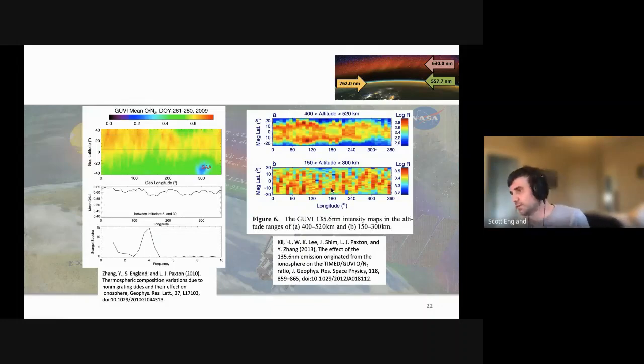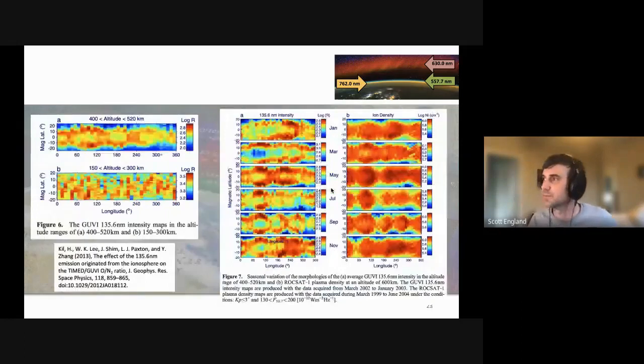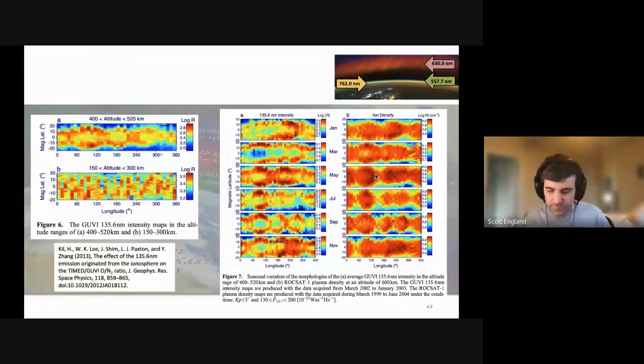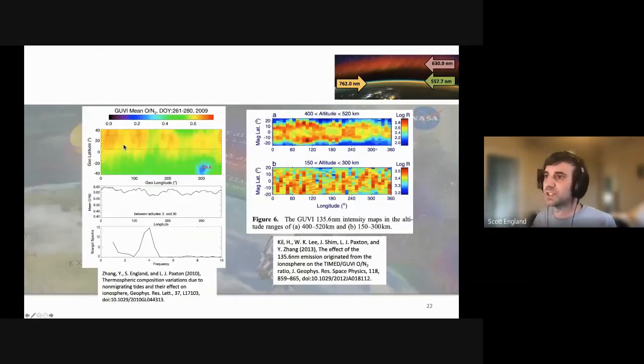And they went further and pretty much showed, hey, it looks very convincingly like in situ measured ion densities at these altitudes. And the conclusion at that time, I think was pretty good, was that this wave-4 pattern we were seeing here isn't really the O to N2 varying. It's really that minor contribution from O+.